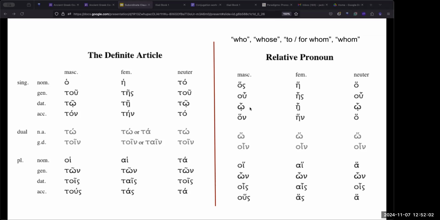Dative is to whom or for whom, and then whom, right? So that would be how you do it, and of course it's going to be the same in the plural, right? Who, whose, to whom or for whom, and whom, whether singular or plural. English doesn't have any distinction between the singular or the plural with the relative pronoun. All right. So far so good with that in terms of the endings.